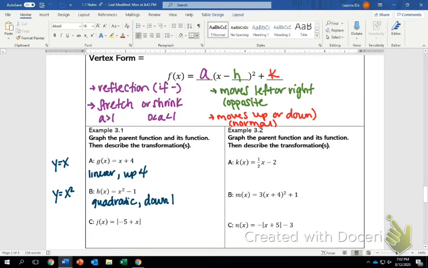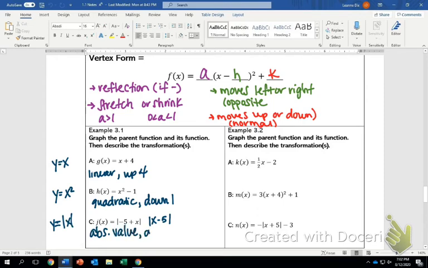Letter C is a little unorganized, so I'm actually going to switch it based off of the commutative property of addition. And so it will actually say the absolute value of x minus 5. And this one's very obviously an absolute value function because it has the absolute value symbols.